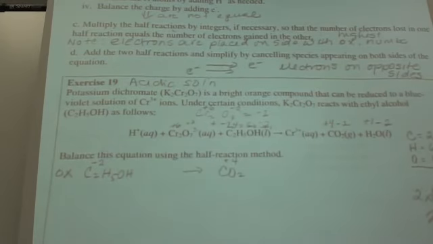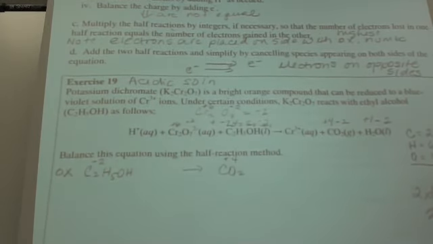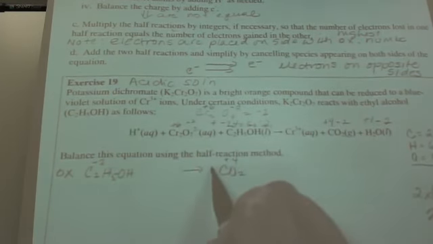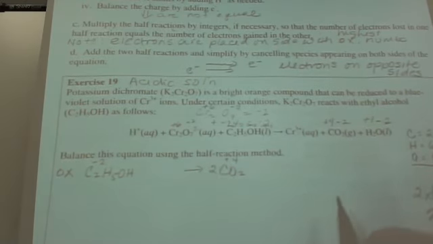Okay, now if you look at 5B, step I, it says balance the elements other than oxygen. Do we need to do that here? Yeah, hydrogen or oxygen. First you have to start with carbon. There are 2 here, there must be 2 there. Okay, now we go on to step I, and it says balance the oxygens.